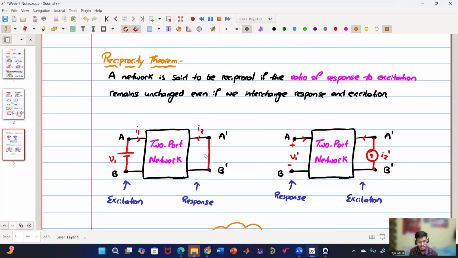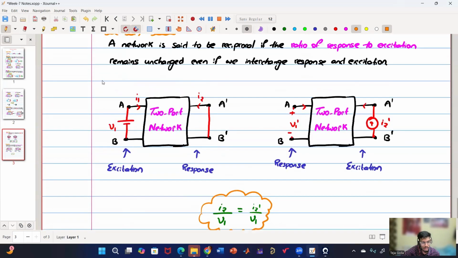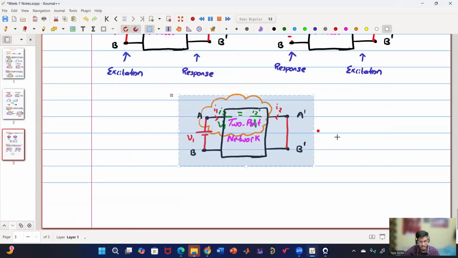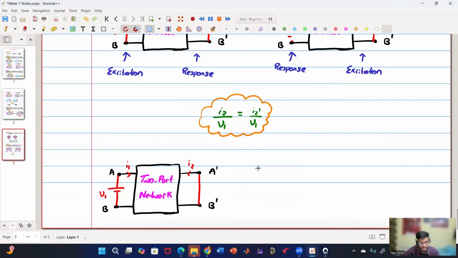Is that clear? Sir, I2 should go from A dash to B dash, no, sir? Yes, but it is an input. Maybe I'll just give the polarity. The polarity should be considered like this. Say the original circuit is something like this, so the polarity remains the same.